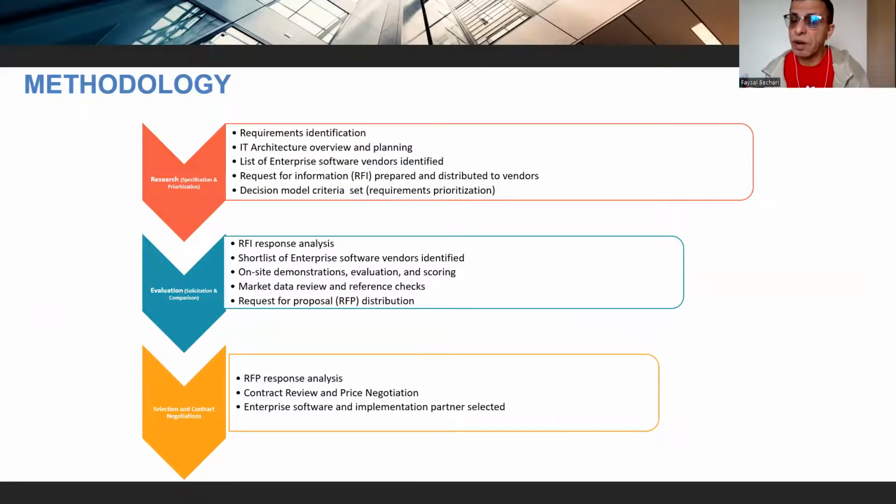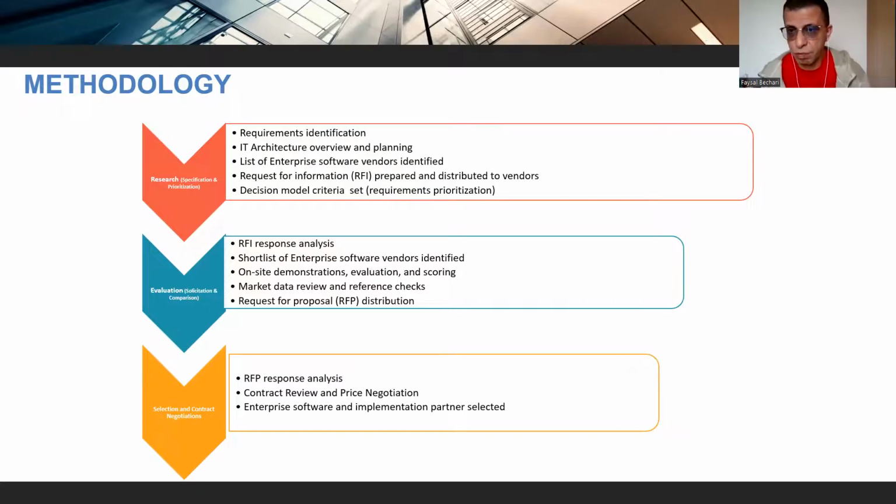Then you do an RFI response analysis. Do a short list of these companies. Do an on-site demonstration, evaluation and scoring, market data reviews and reference checks, and then publish an RFP.